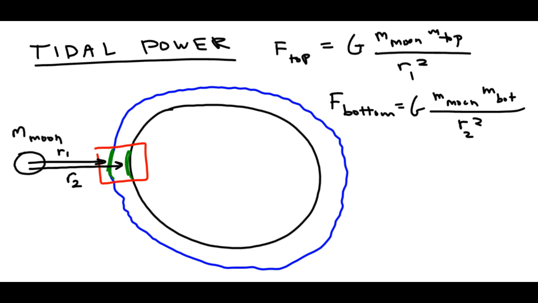The top water is closer, so r1 is smaller. A smaller denominator means a bigger force, right? So the top water feels a slightly larger force than the water at the bottom, at the floor of the ocean.